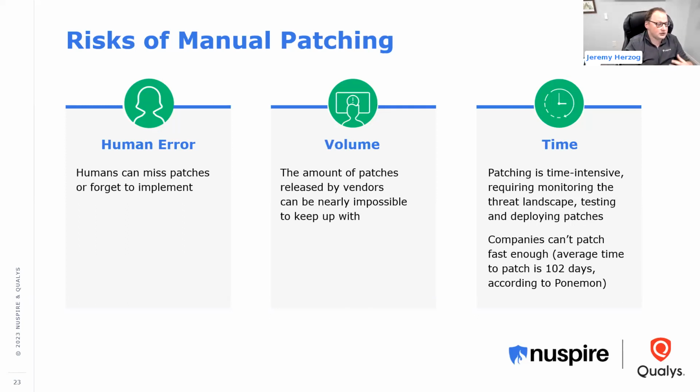The second aspect to it is just the amount of information that you have to collate and make sure you prioritize. And that's where a service provider comes in, and they really provide a lot of value because we bring the expertise of prioritization in a vulnerability management solution to our customers.